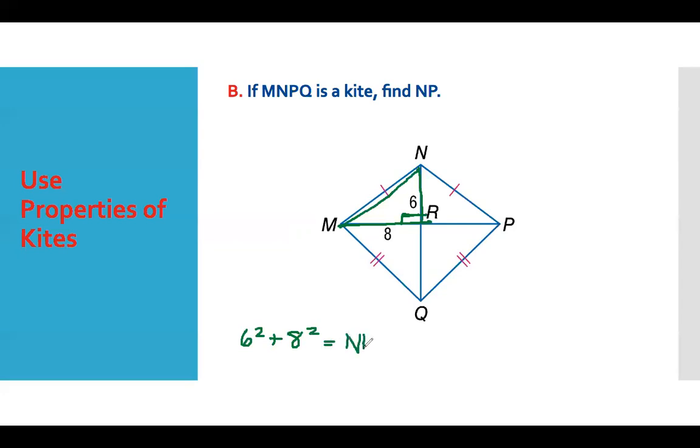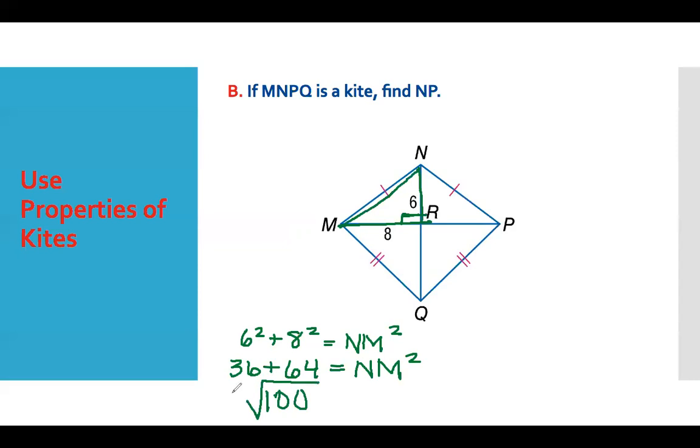NM squared. 6 squared is 36. 8 squared is 64. That's going to be NM squared. 36 plus 64 is equal to 100.